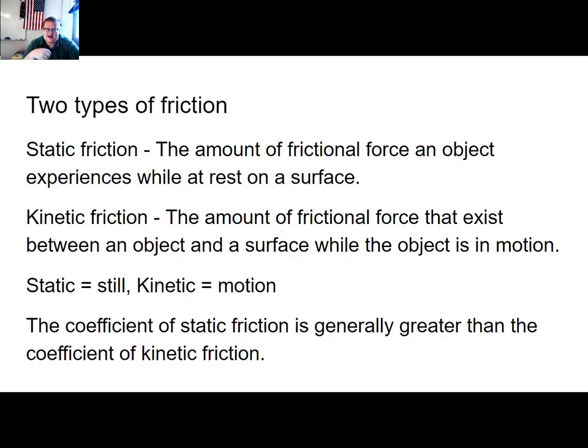Static friction is generally the greater number, and it's the amount of friction between surfaces when they're at rest. When they're moving, we use kinetic friction. You just have to remember static is still, and kinetic means moving. Of course, you may know kinetic energy, moving.